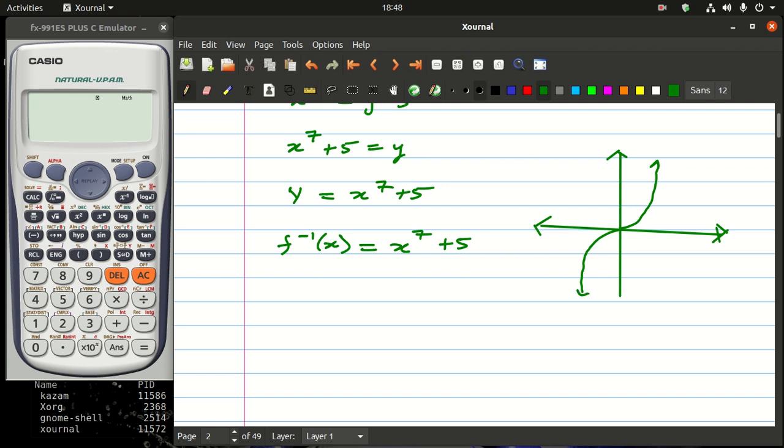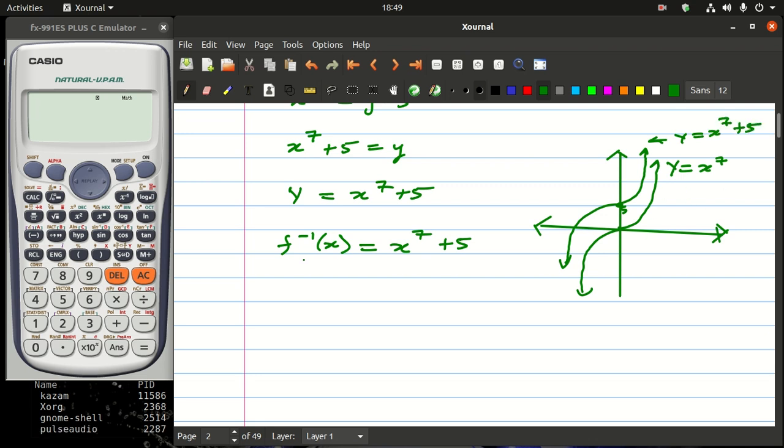Because the power is odd, they have the same shape. But now having a plus 5, this point is moved up to 5, and all the other points are moved up by 5 units, and I'm going to have a graph like this. So this one is y equals x to the power 7, and this one is y equals x to the power 7 plus 5.